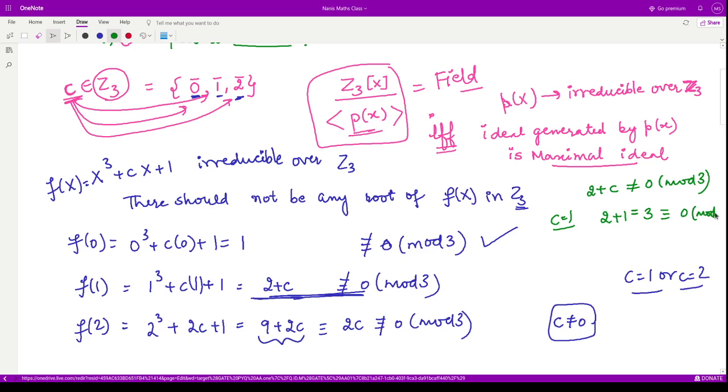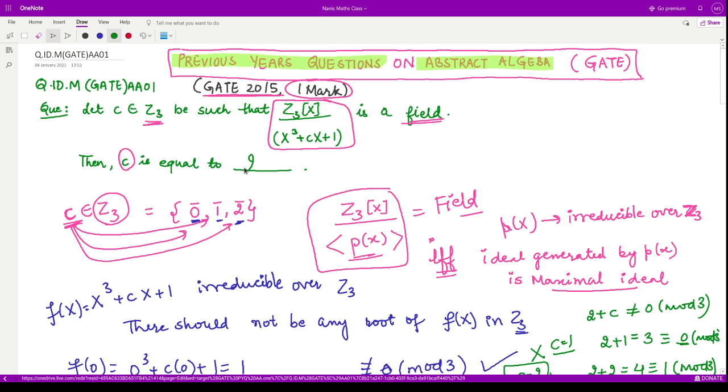That means when you divide 3 by 3, you get the remainder 0, so this cannot be the case. That means c equal to 2 is the only option, where in this case you will get 2 plus 2, which is 4, and when you divide 4 by 3, you get the remainder 1. So this is equivalent to 1 mod 3. So here c equal to 2 is the right option.